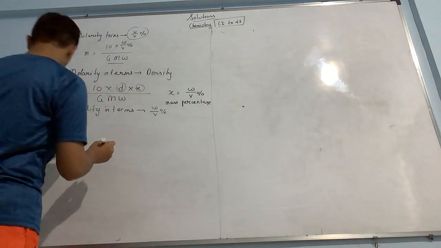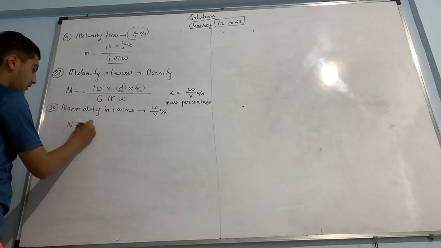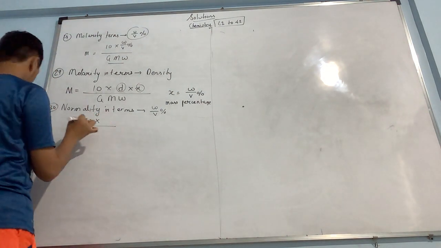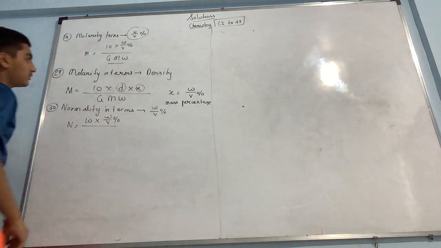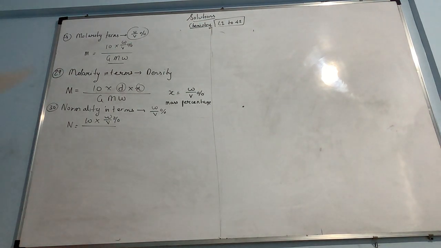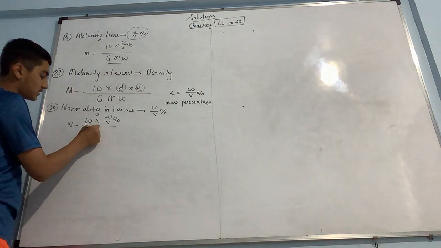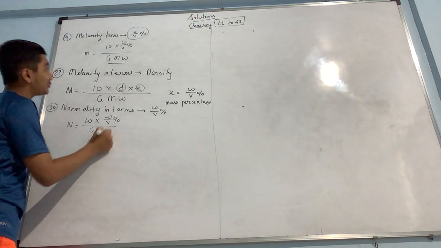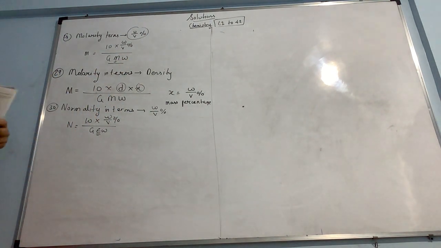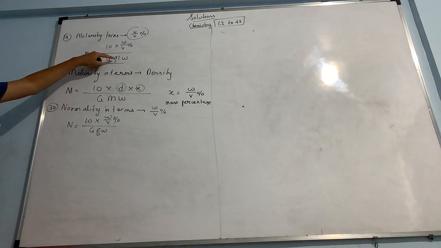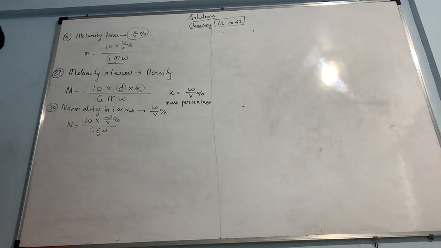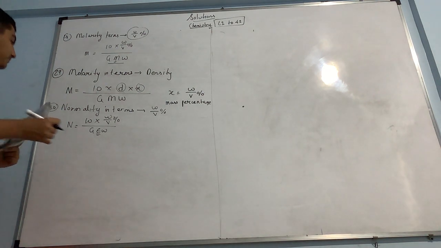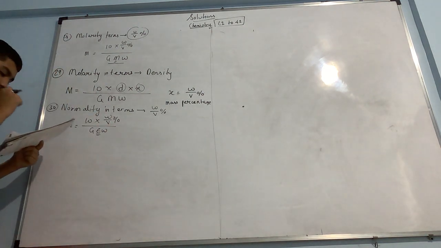The formula is the same, but N is equal to 10 multiplied by WV percentage upon GEW. Is it the same or no? Let's check. No, everything is same, only this name is changed. Understood? Here equivalent is present, here molecular is present. This much is the difference, all else is the same.